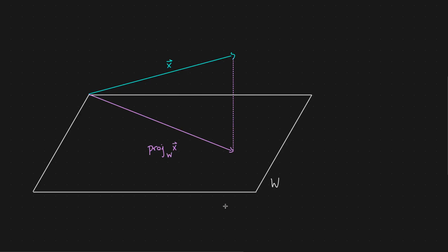And we want to project vector x onto this two-dimensional subspace. This is what we're looking for here. We're going to call this subspace W, and we want the projection of x onto subspace W.